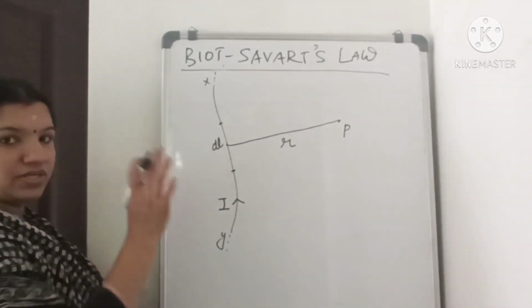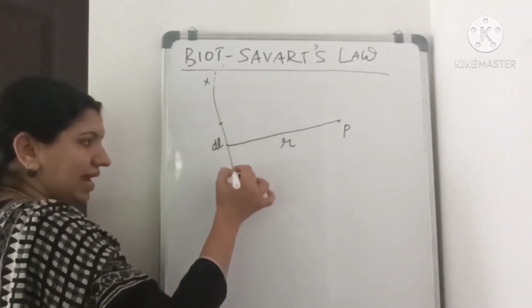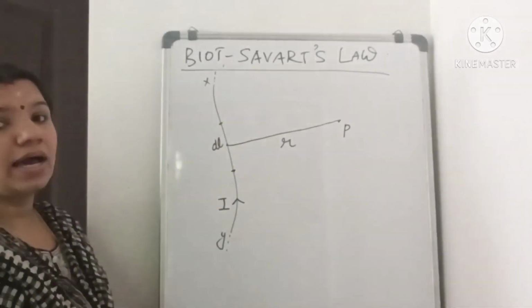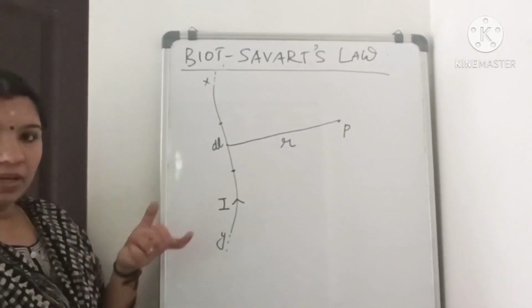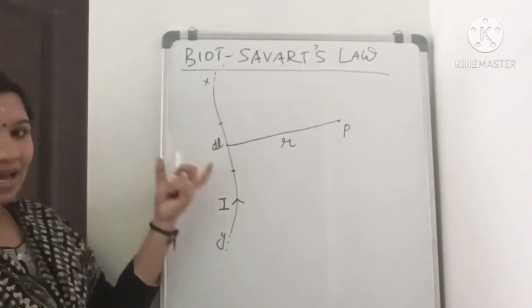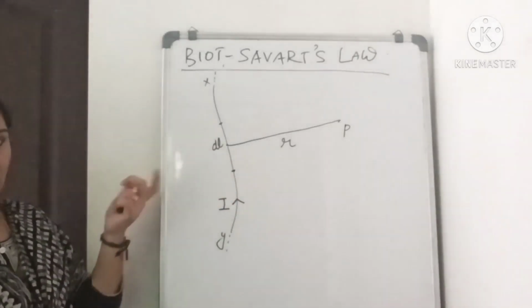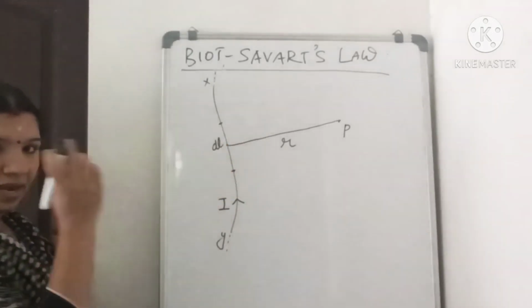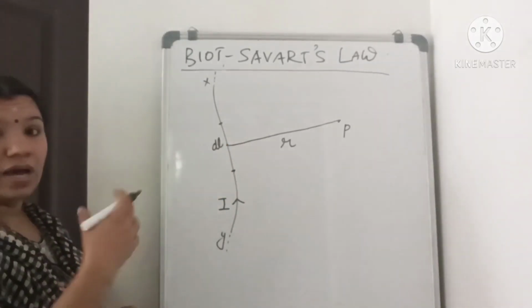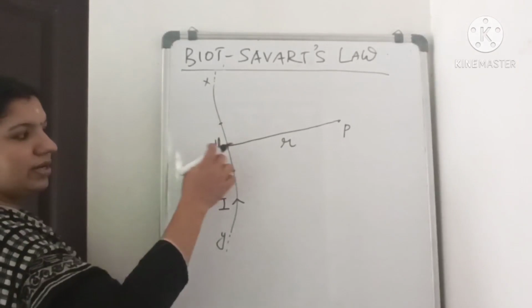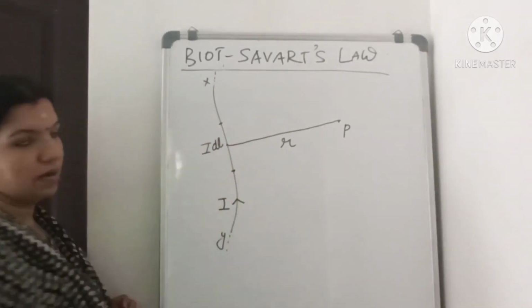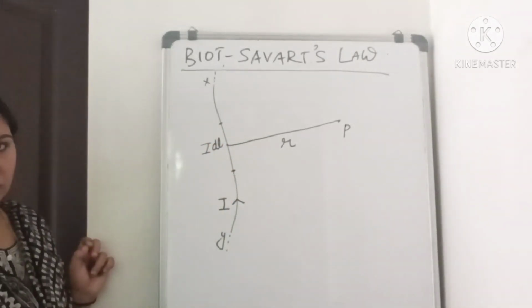Okay, this much clear. Now this element can be called the current element, because current is passing through this element. In terms of the current element, if dl is the element in which I amount of current is passing, the total value here is I dl.